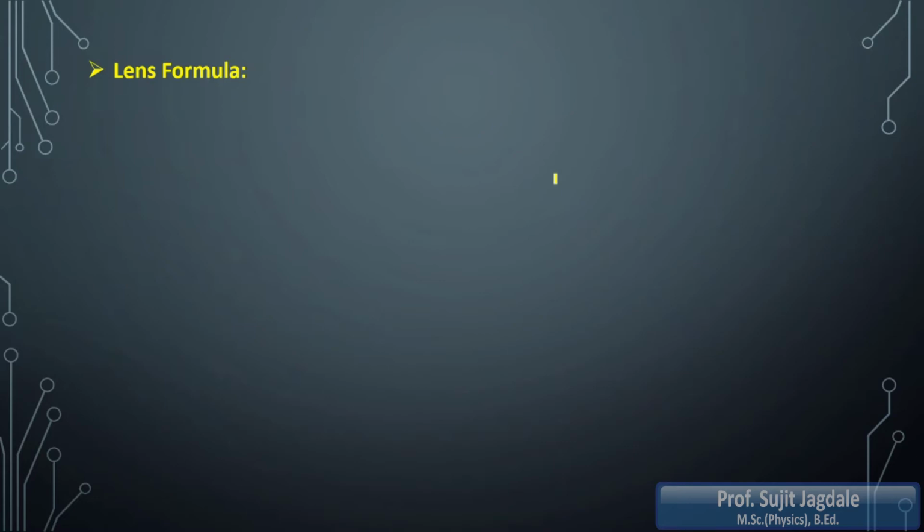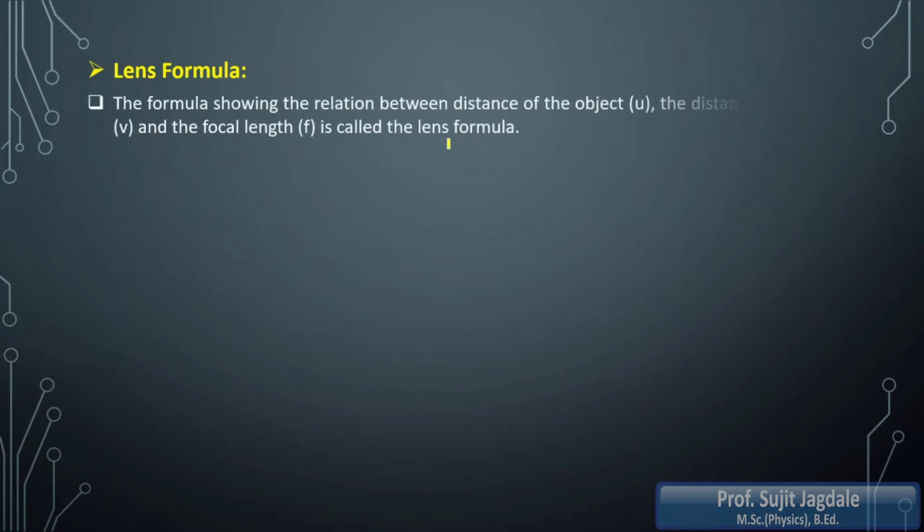So the lens formula is the relation between three terms: the distance of the object, that is u, the distance of the image, that is v, and the focal length f. Either you can take a convex lens or concave lens.